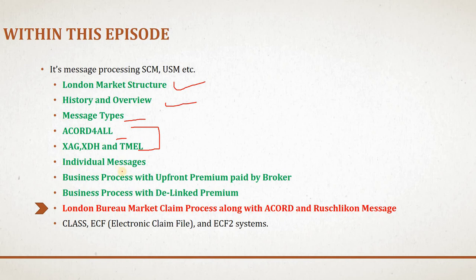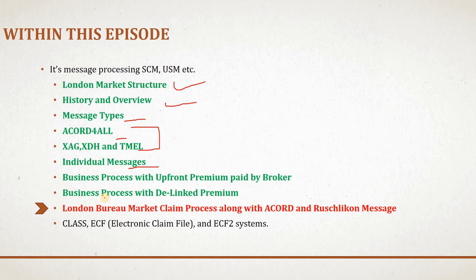And then we have also covered the individual messages. We saw how those messages look. And then we covered the business processes with upfront premium paid by broker, and business processes with the dealing premium, where the broker has not yet received the premium upfront from the customer.